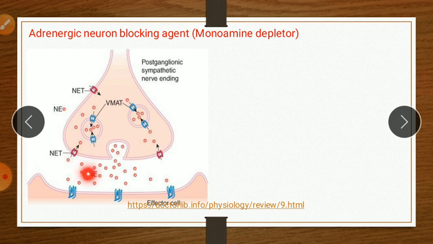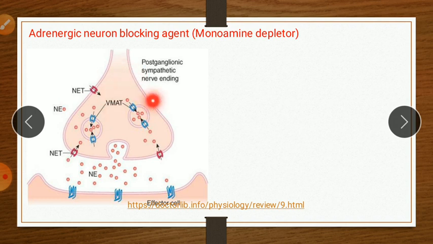From the synaptic cleft, it is transported into the cytoplasm of the neuron. So it is noradrenaline in the cytoplasm. Then from this cytoplasm, noradrenaline is transported into the storage vesicle by VMAT. VMAT means vesicular monoamine transporter.